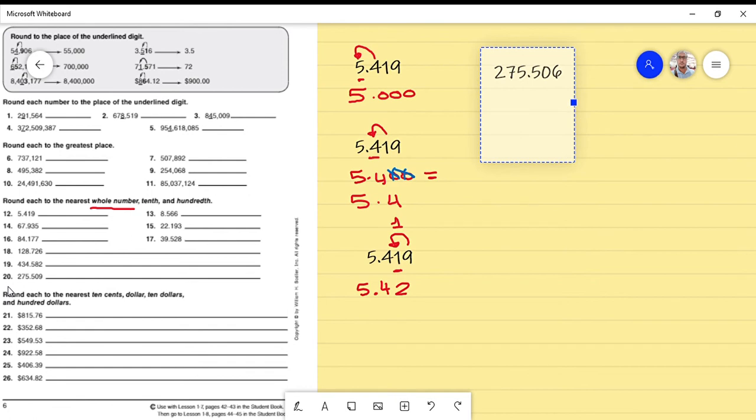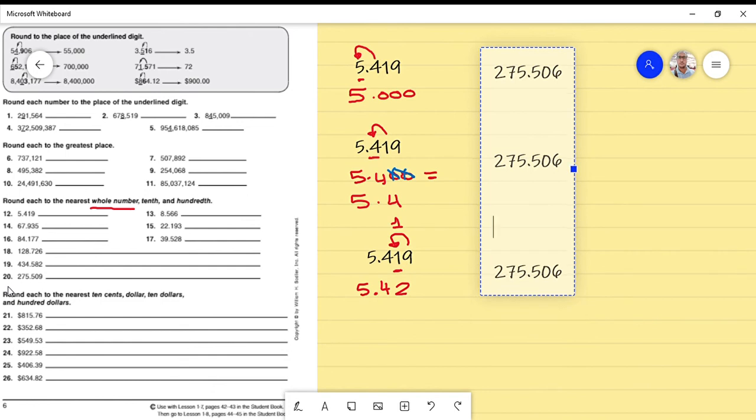Let me write it once again. 275 and 506 thousandths, because there are 3 places.